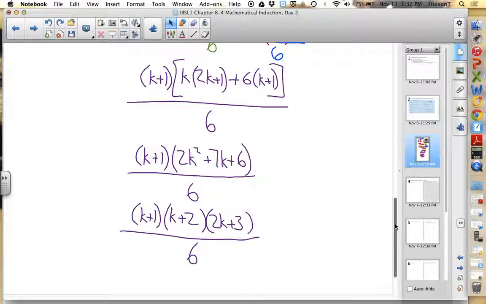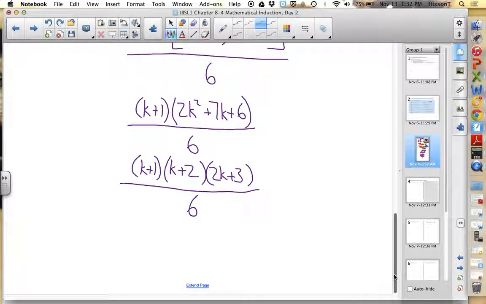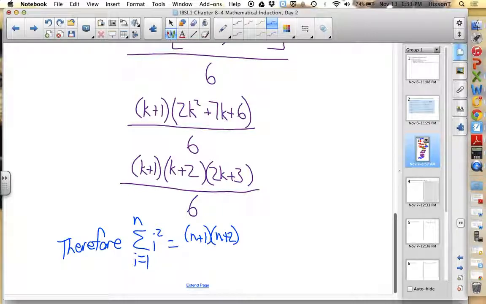Now, here's the thing. One thing we ought to do, and I know we didn't do it in the previous example, because it does just kind of make sense, but in order to be a little bit more conclusive, rather than just, here's the proof, we should say at the end, therefore, the sum from i equals 1 to n of i squared does equal n plus 1 times n plus 2 times 2n plus 1 over 6.